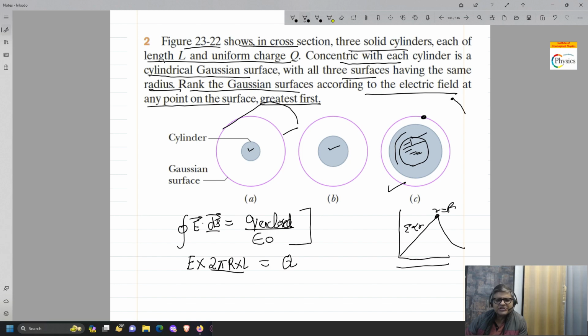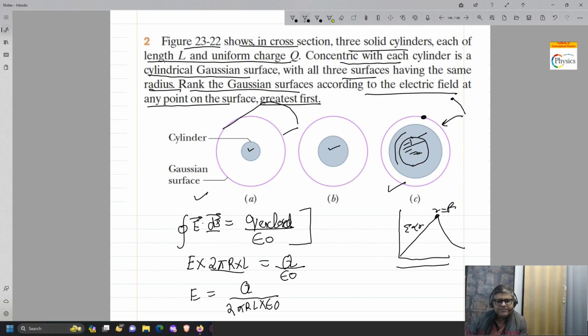This is the situation which a lot of students confuse with the uniform volume charge distribution, especially when you look into the figure. But this is not a complicated problem at all. The intent of this question is to check your fundamentals. So E·dS is Q enclosed divided by epsilon naught, and E is equal to Q upon 2 pi r L into epsilon naught. This is the electric field for figure A.